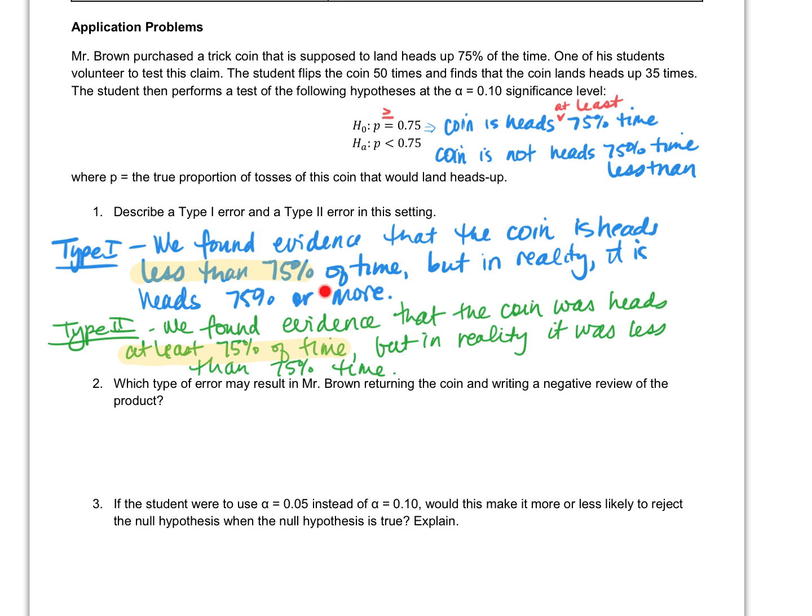Which would make Mr. Brown say, whatever, I'm returning this, giving you a bad review. But in reality, it was just a bad sample, right? The coin was fine, but he gave a bad review anyway. So it's a mistake either way, right? Both of these are mistakes. So which mistake is going to mean he's going to return it? Type 1. Does that make sense now? Okay. All right. Type 1.